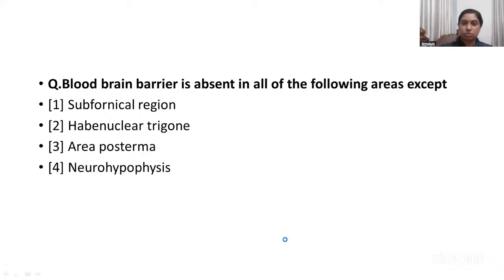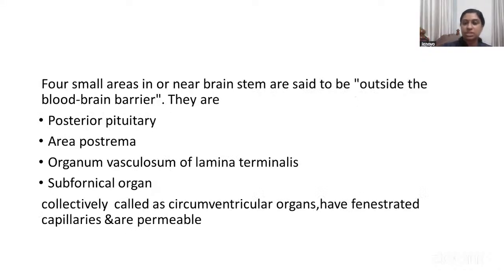Okay, so here they are asking about blood-brain barrier is absent in all of the following except. That means what? Where the blood-brain barrier is present. Okay, so habenular trigone. Which are the areas which are outside the blood-brain barrier?